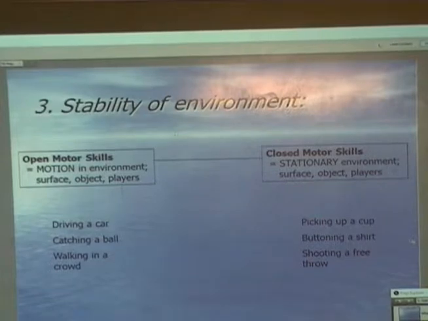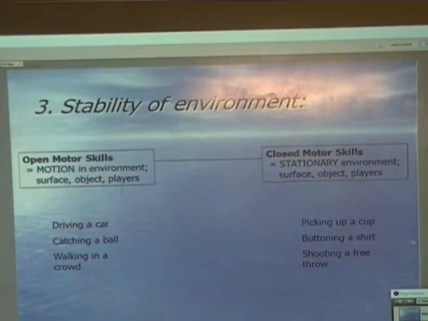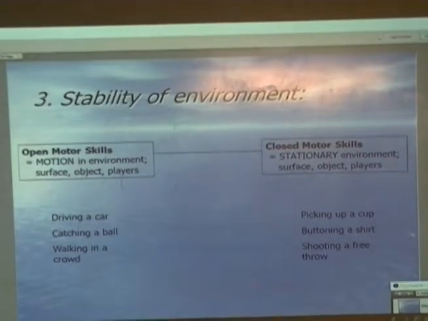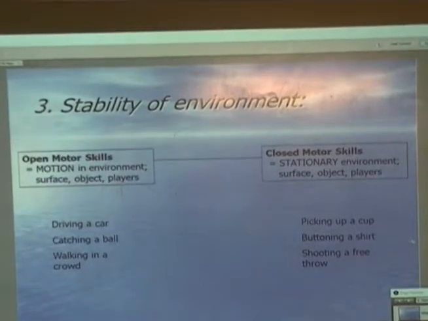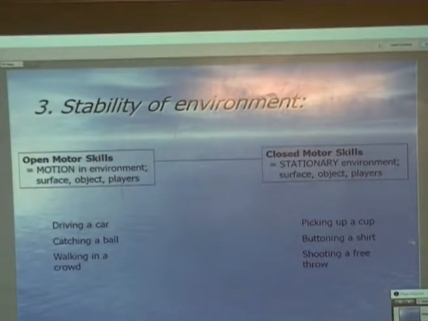Right? So that motion could be related to the surface. It could be related to the fact that there is an object moving, or it could be related to the fact that there are other people within the environment who are moving.